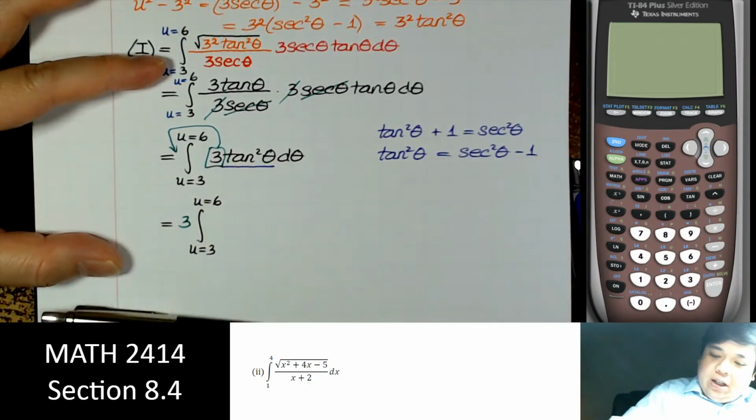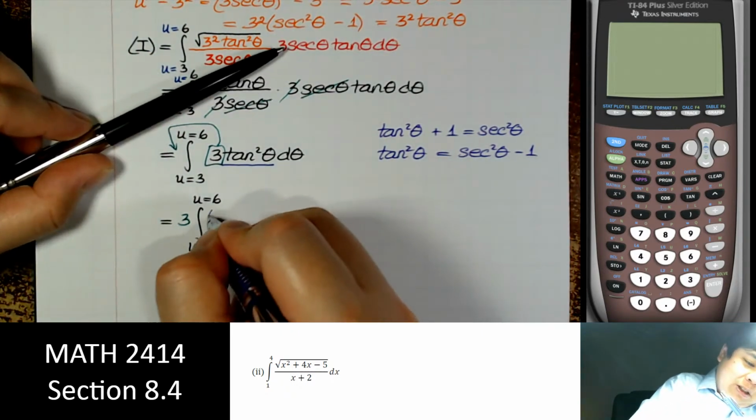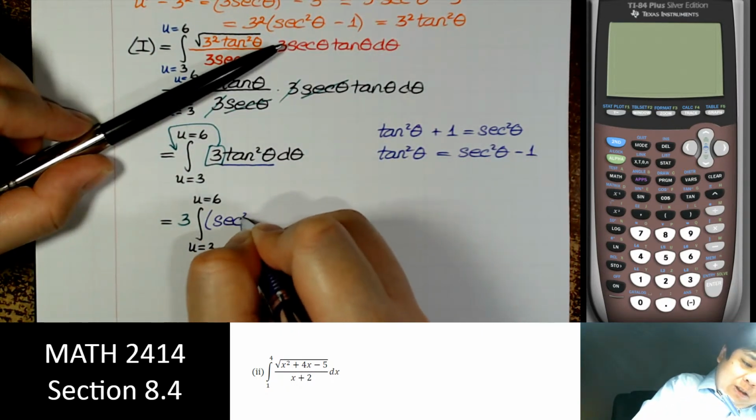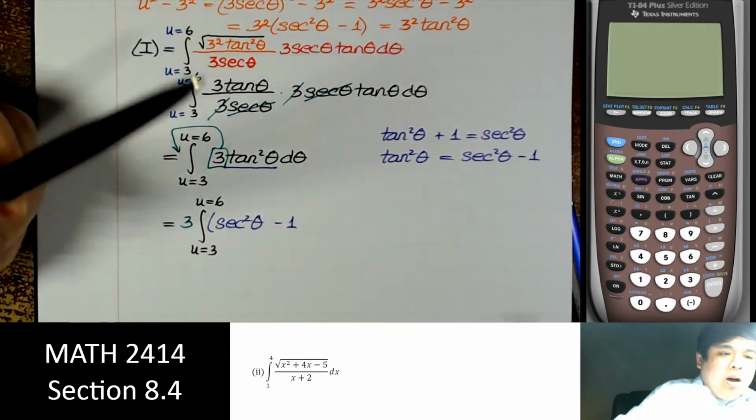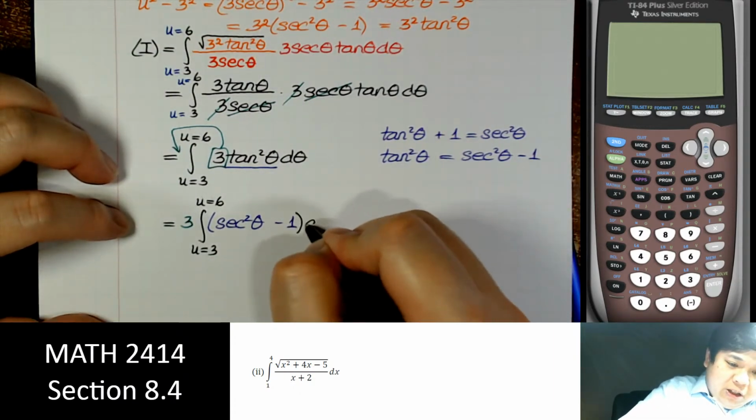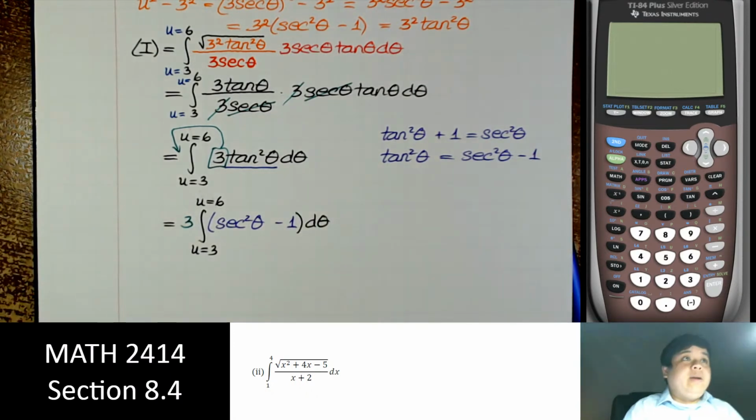Tangent square, secant square minus 1. So how does that actually help us? Now, actually, we're almost there.